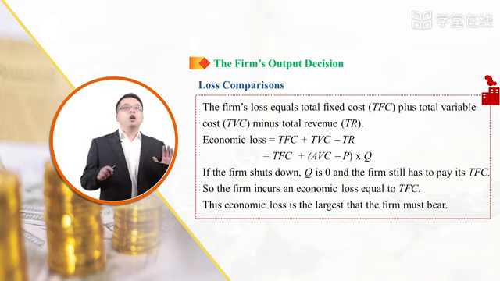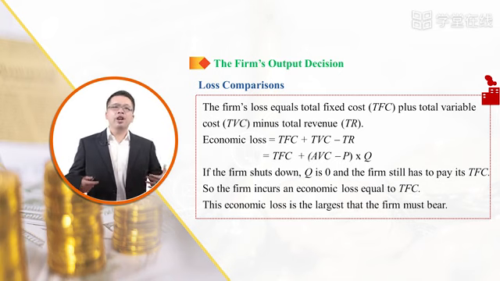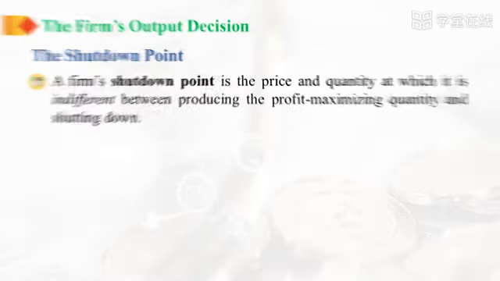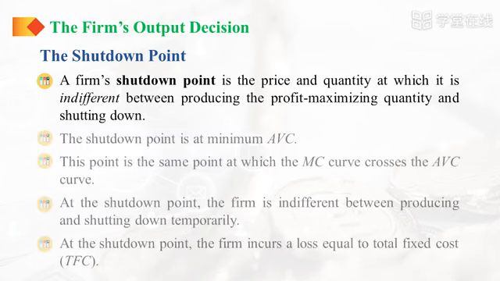Okay? However, in the short run, if a firm suffers an economic loss that's higher than this, then the firm may consider shutting down temporarily. We can find this shutdown point where the equilibrium loss equals TFC, which means the price and quantity at which the firm is indifferent between producing the profit-maximizing quantity and shutting down.